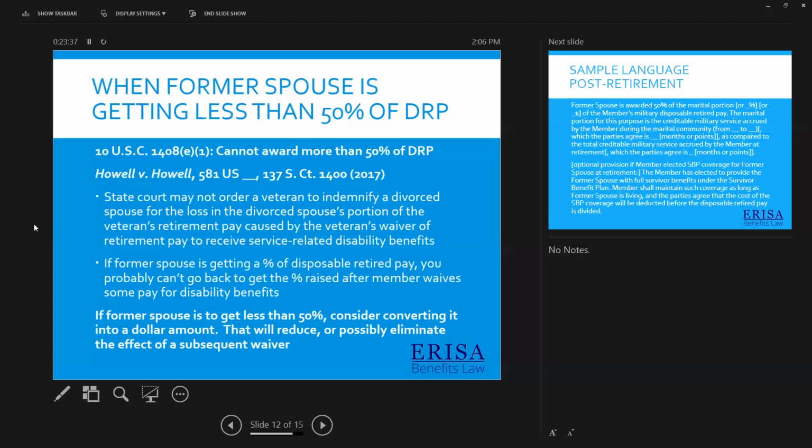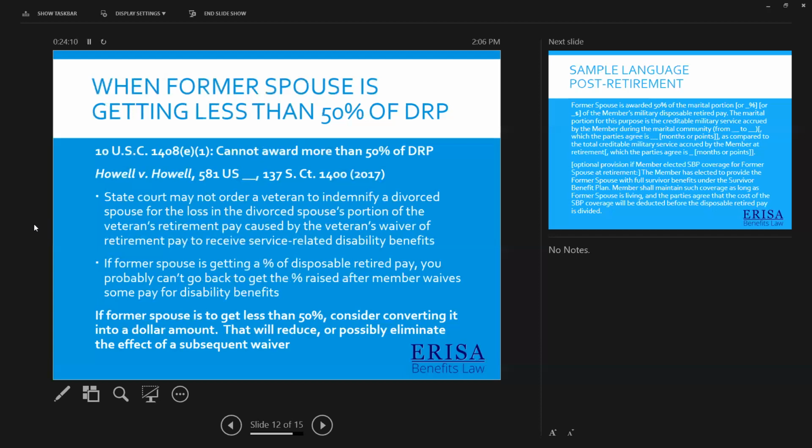But if you're awarding, say, 25%, it may well be good advice to convert that 25% into dollars. That way, if the member waives some retired pay, the disposable retired pay will go down, but your dollar award may not result in it being more than 50%, and you will effectively have preserved the former spouse's award. And that's something I think is frequently overlooked.